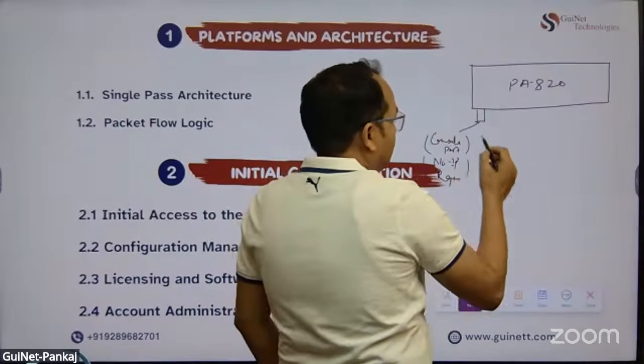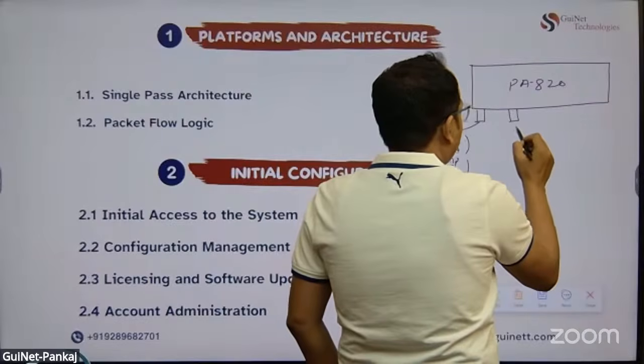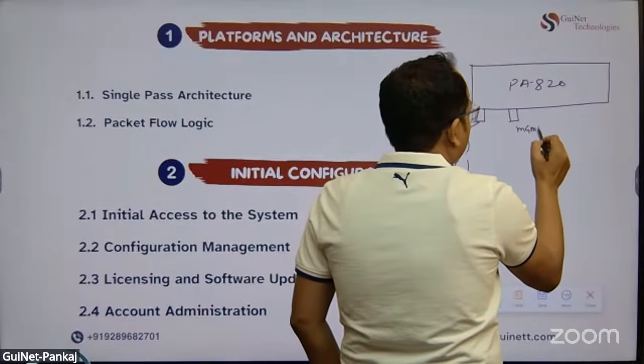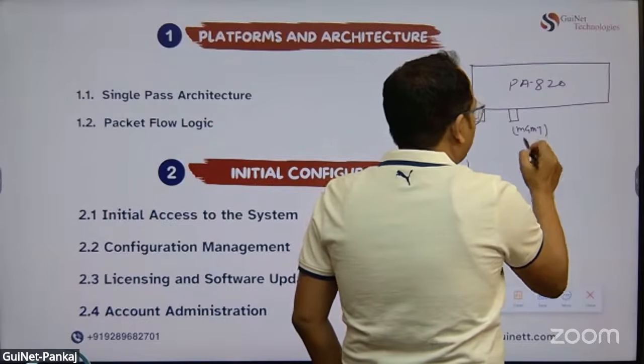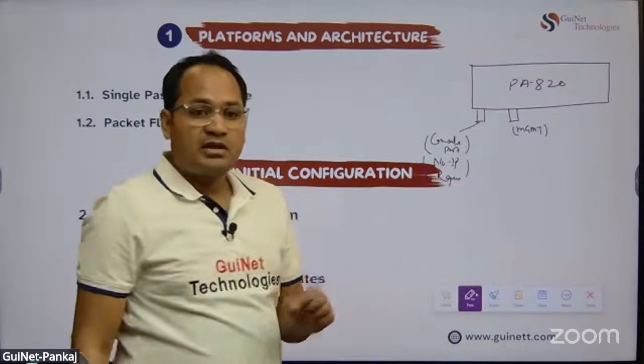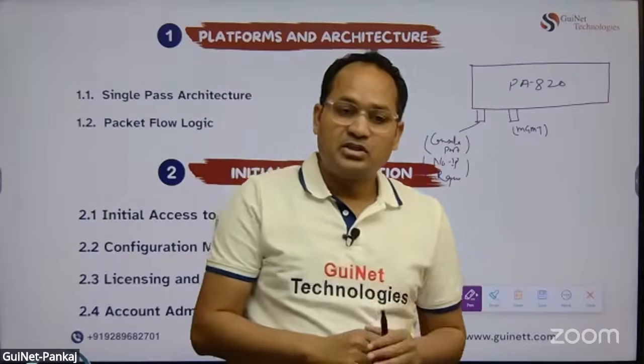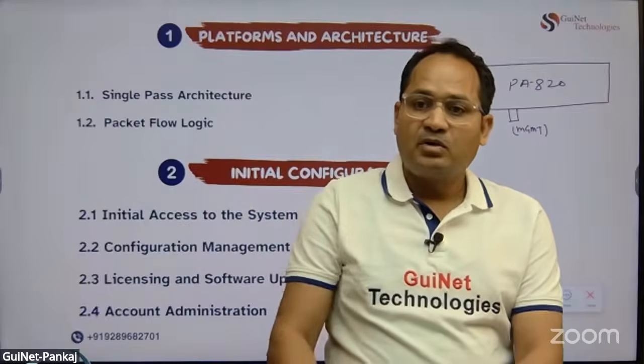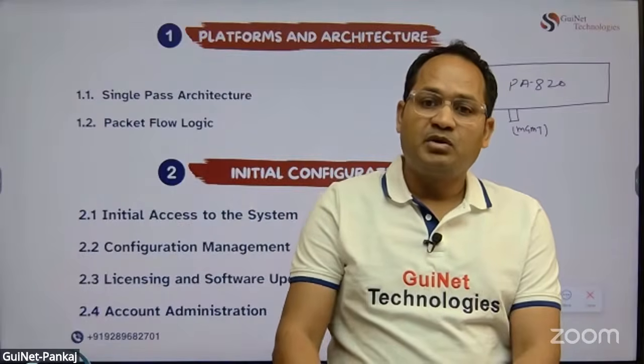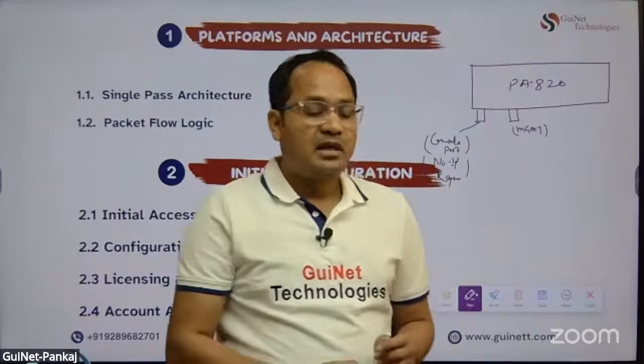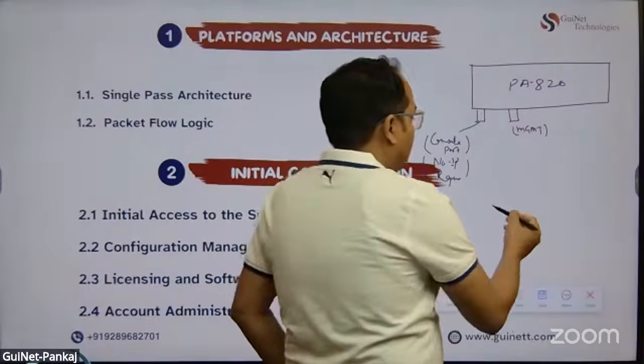Clear? They have another port that is known as the management port. This management port is designed for GUI access only. Means if you want to take the GUI access, this management port is going to be required. And if you want to use this management port, then what is going to be required? You require one PC.